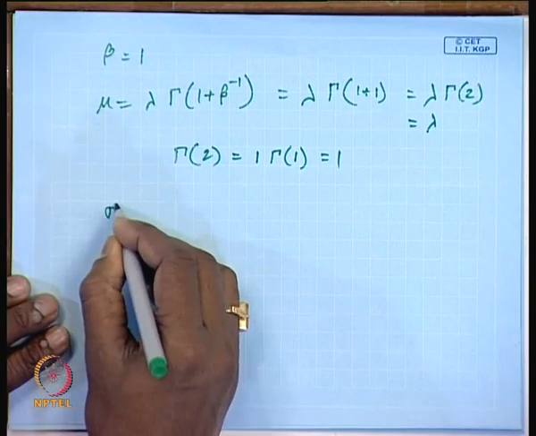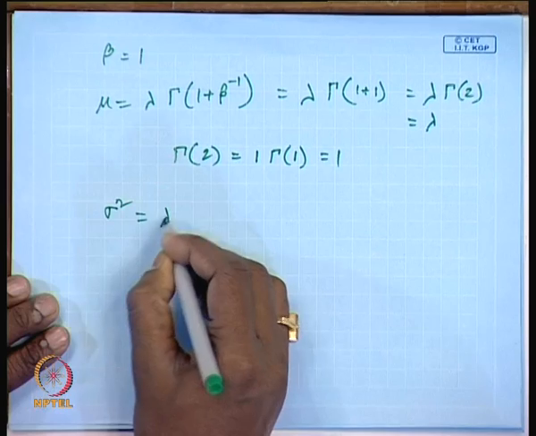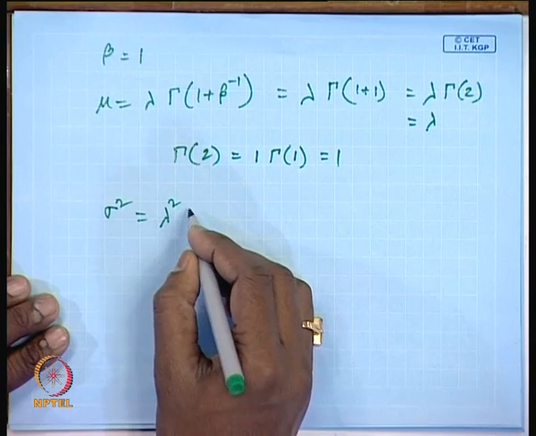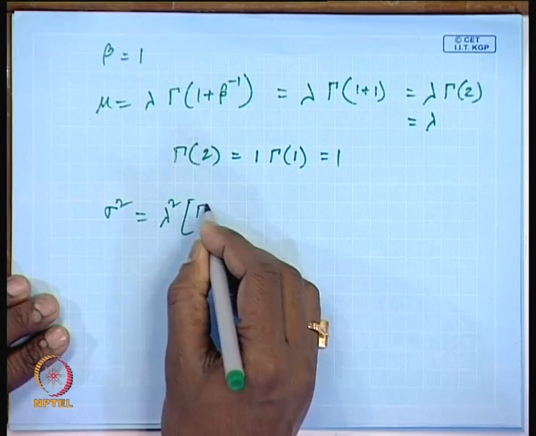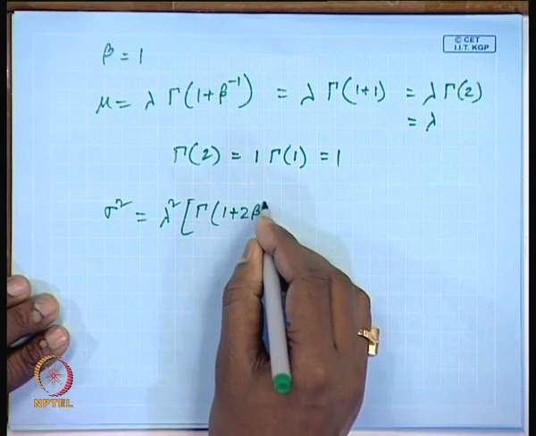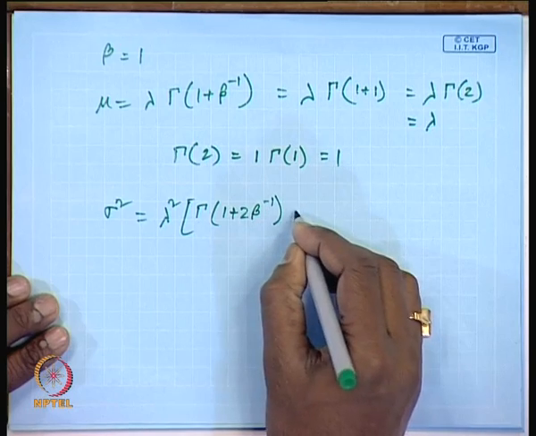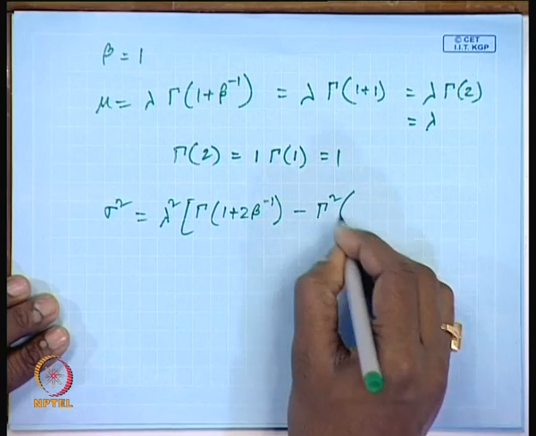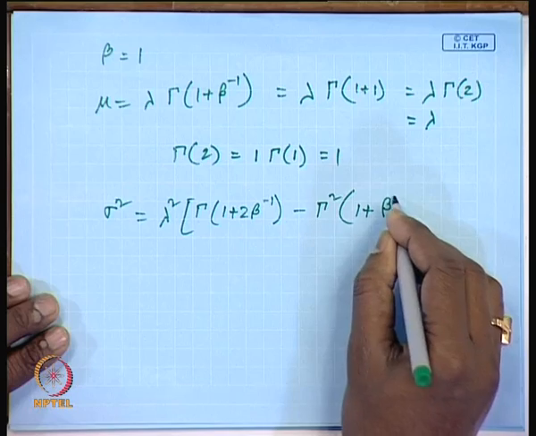Similarly, if I take sigma square, the expression is lambda square multiplied by gamma 1 plus 2 beta inverse minus gamma square 1 plus beta inverse.